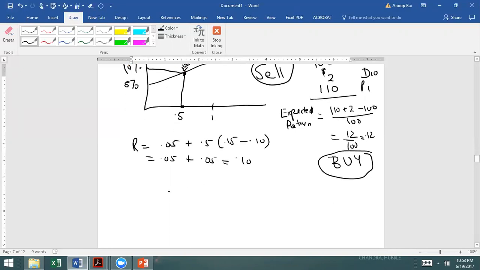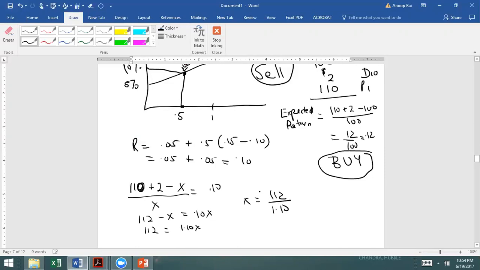Well, we do the same thing. We say 110 plus 2 minus x over x should equal 10%. So 112 minus x is equal to 0.10x. 112 is equal to 1.10x, or x is equal to 112 divided by 1.10.